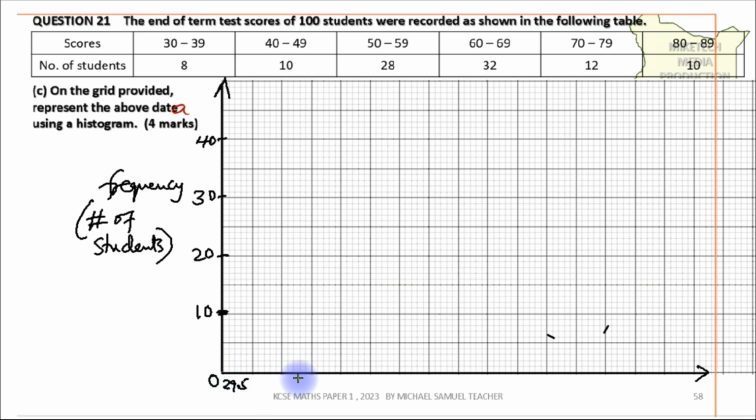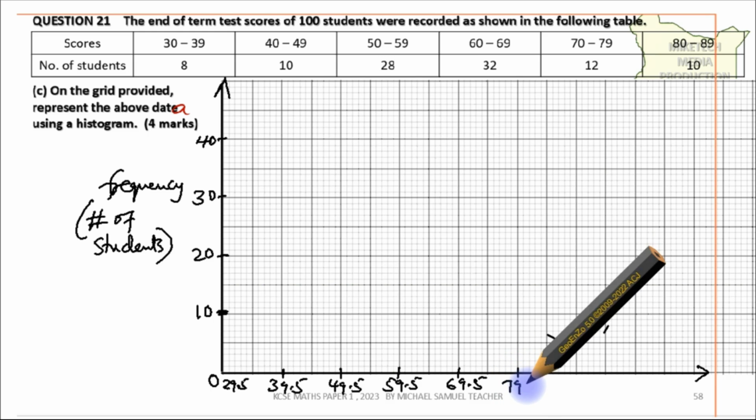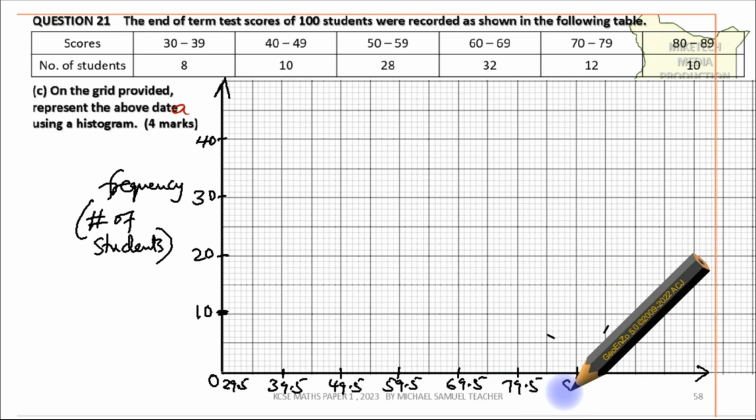So 29.5, then 39.5, then 49.5, then 59.5, then 69.5, then 79.5, and lastly 89.5. So that is okay.